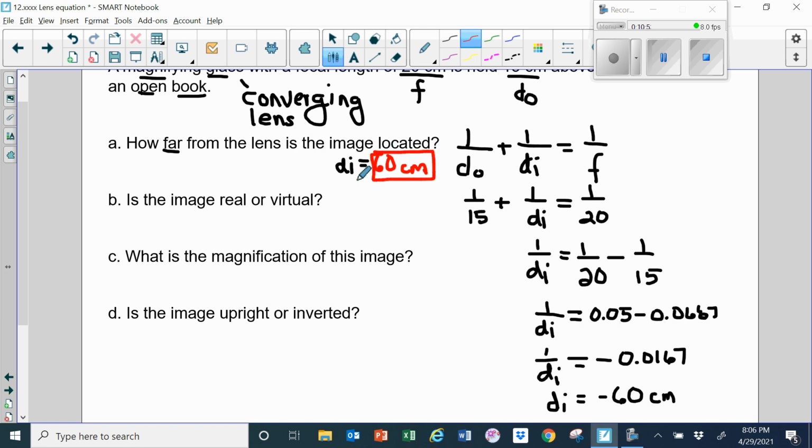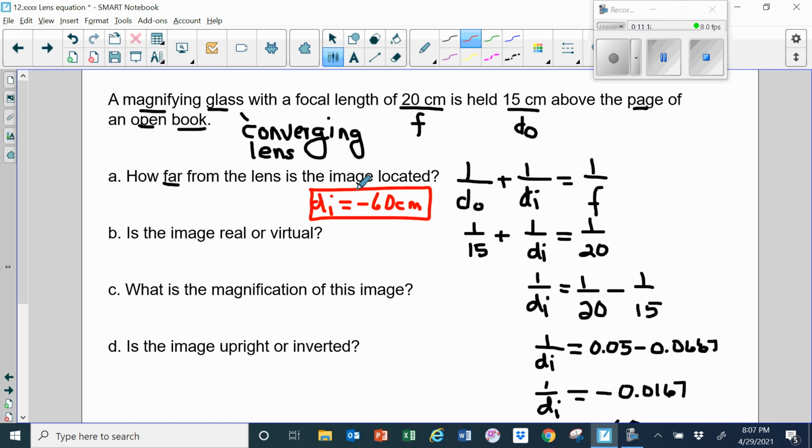I need to change that for a minute. Hold on, let me just change that. DI equals minus 60 centimeters. There we go. Minus 60 centimeters.